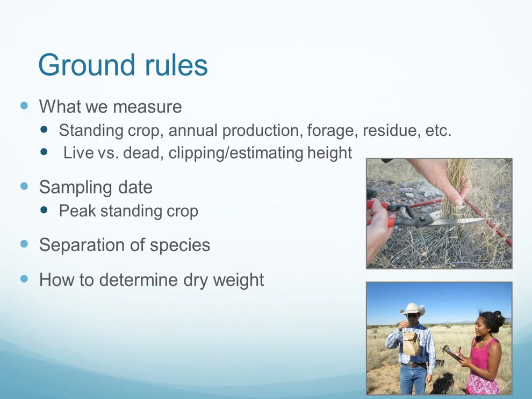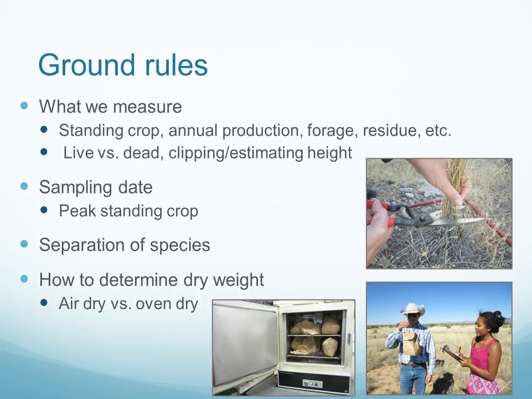Another thing that's important is that when we estimate biomass, we do it on a dry weight basis. Now, this can be difficult because plants have moisture, and we need to be able to accommodate or to account for the amount of moisture in plant materials.